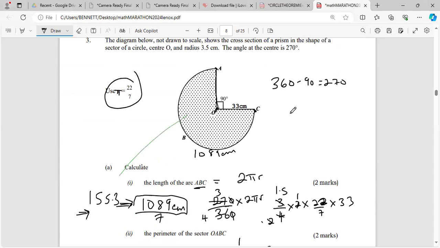Because you have the triangle ABC. And where you start from, you have to end back, you know. If it does not join, it will not be a sector. Oh, okay, sir. Yeah, man. You have to go right back to the O. So you go all the way around.